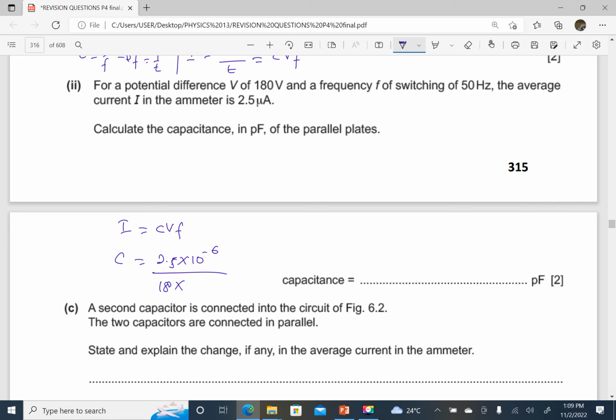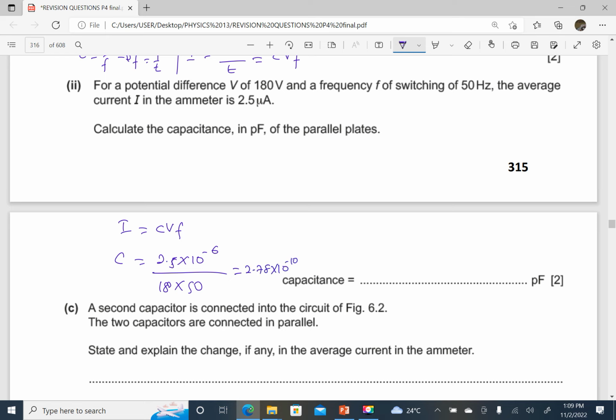Pressing our calculator, this is giving me 2.78 times 10 power negative 10 farads.